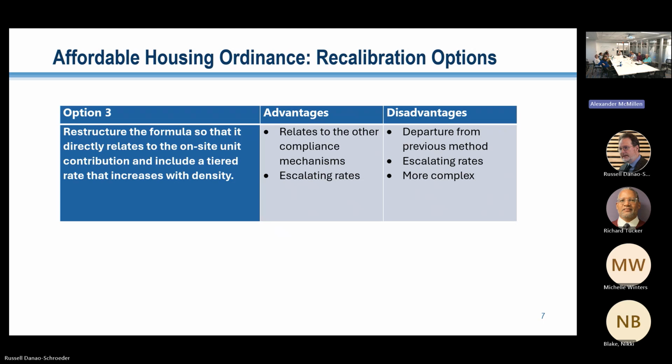Option 3, similar, would be to restructure that formula so it directly relates to that on-site contribution, but including a tiered rate that increases with density. Our current formula has a tiered structure: one tier is the first FAR, and then from 1 to 3 FAR, it's the second tier, and then there's a higher contribution rate for anything above 3.0 FAR.